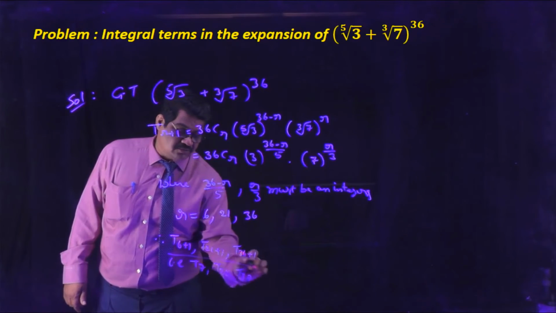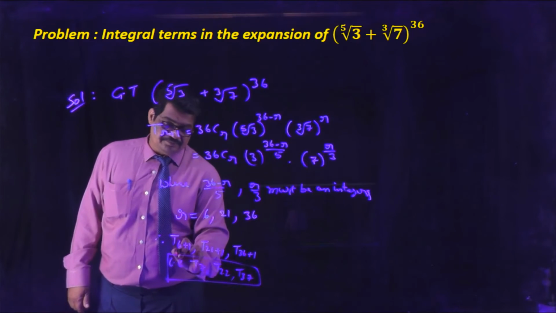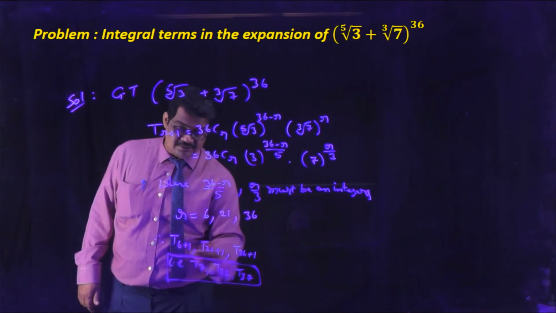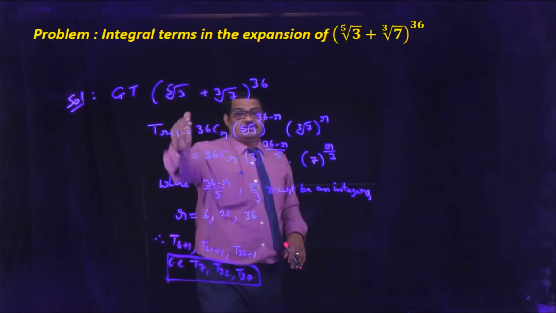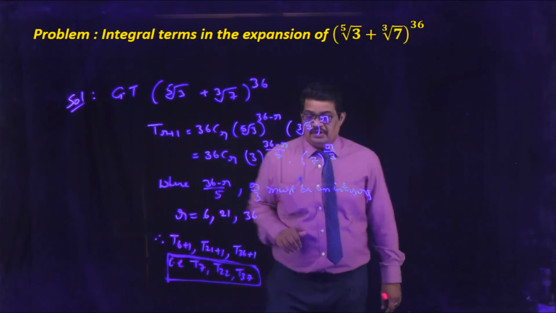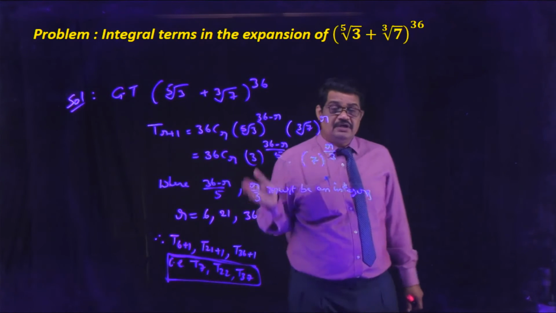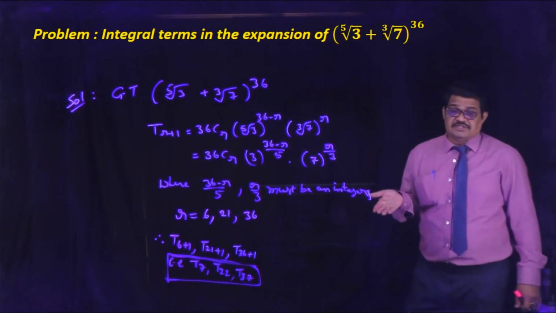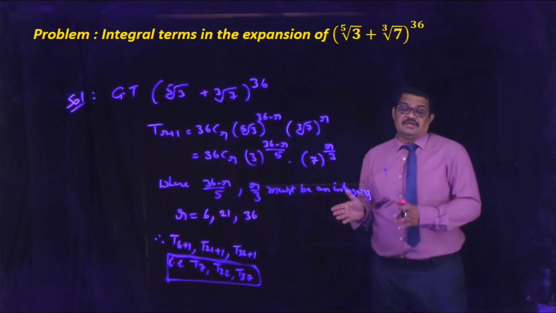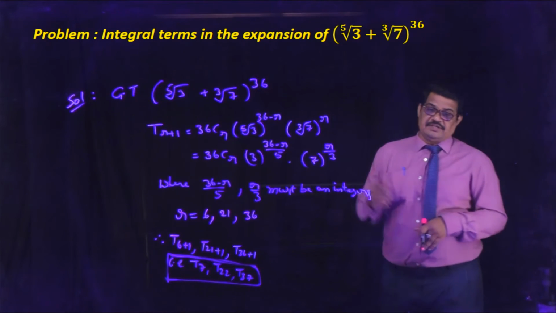These terms are integral terms in the given expansion of this expression. So the integral terms in that expansion are T7, T22, T37. These three are integral terms in the expansion of the given expression.